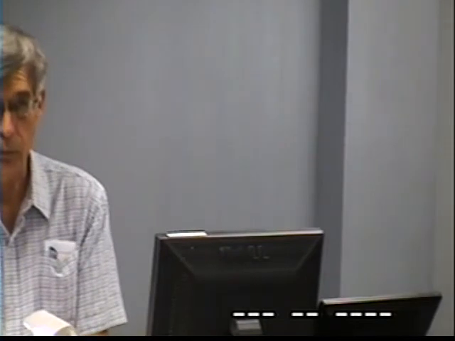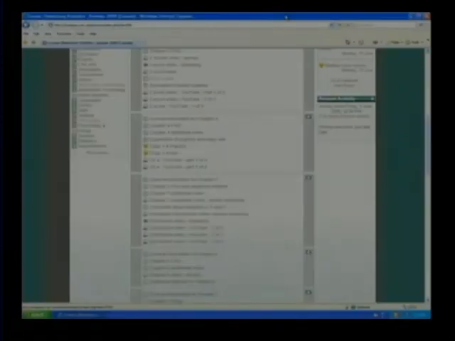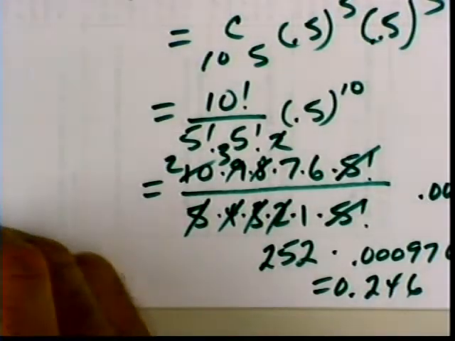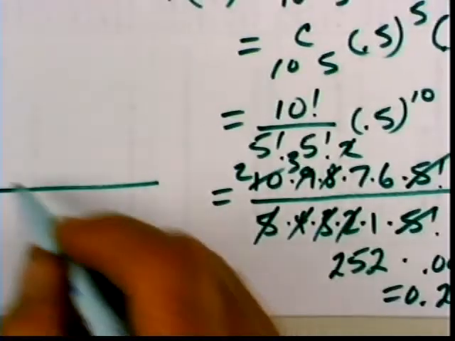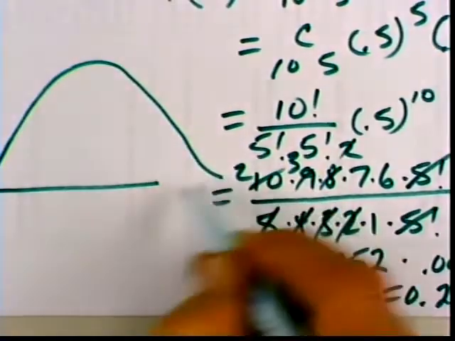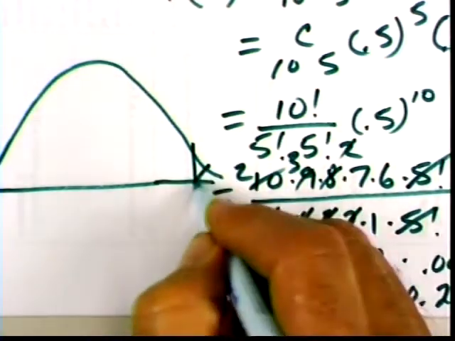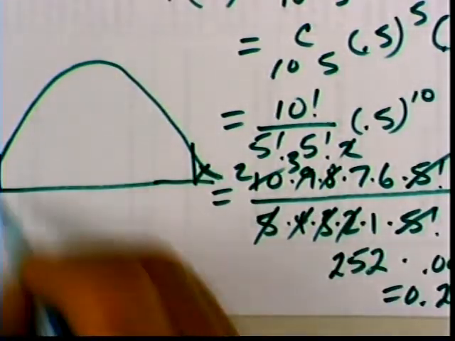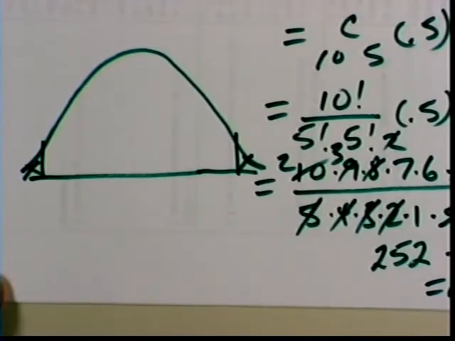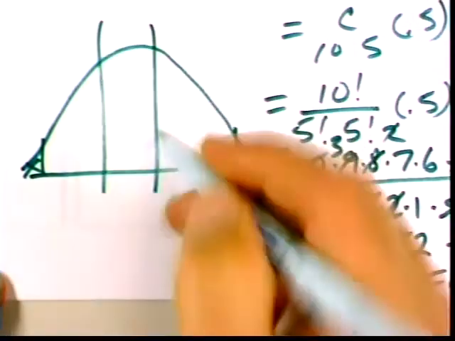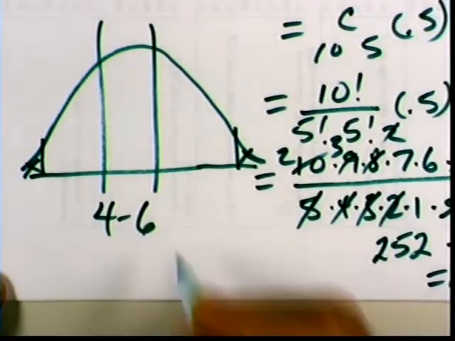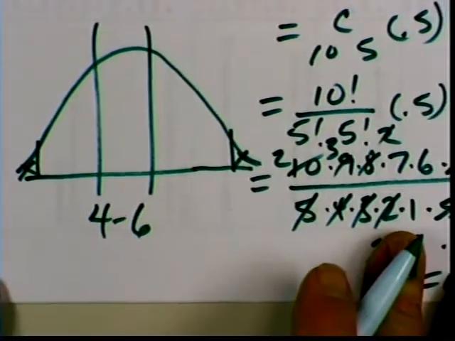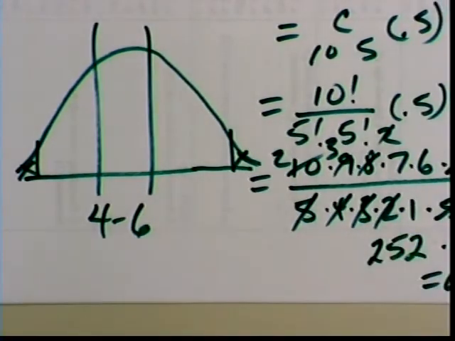And that's reasonable. And then it's going to actually go down a little bit, just like it did with the rolling of the dice. You're going to expect to have fewer times when you get 1 head and fewer times when you get 1 tail, but somewhere in the middle you're going to expect to get maybe 4 to 6 heads most of the time.